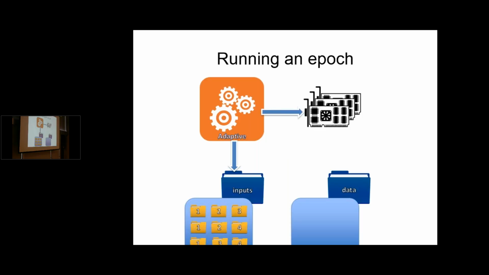And then you link it to some resource like your local GPUs, for example, or Amazon, like AceCloud, or whatever you want, Slurm, your local cluster. Then adaptive takes those inputs and it sends them for simulation to your resources. Once the resources complete the simulations, they're going to store them in the data folder. And now you have exactly the same folders here and here, which match each other, which have the simulations here, and here the input files for the simulations.